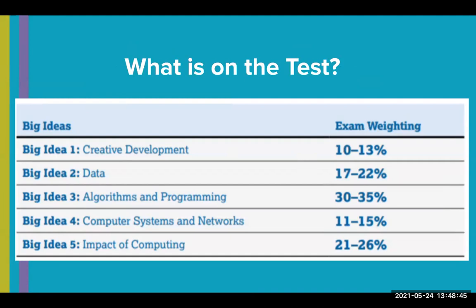Computer systems and networks, 10 to 15%. And impact of computing is 20 to 25%. Again, impact of computing is things like making a computing innovation. What does that require? It requires a program. Okay, remember that.